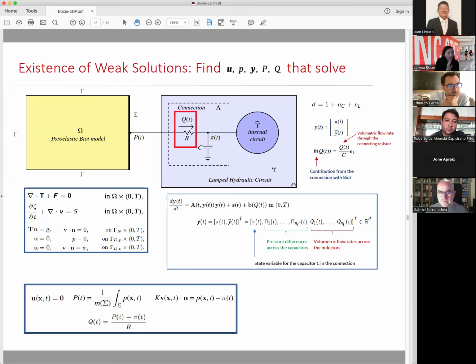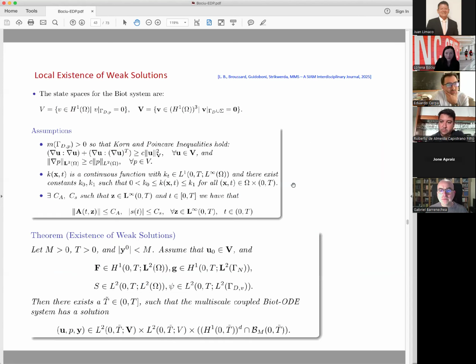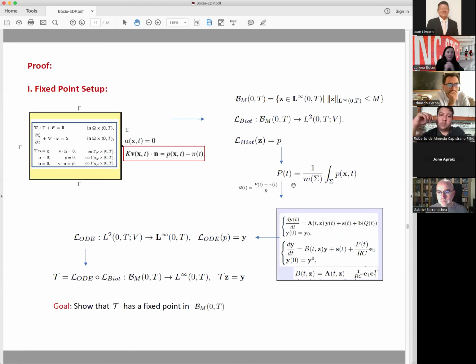So it's not the nonlinear BO, it's a linear system for poroelasticity coupled with the ODE, but the ODE is nonlinear. Okay, and all the theory that we've done before for the BO system came in here, of course, because the way we approached this was by building a fixed point map. I think it's easier if I show you this slide to understand how we build the map.